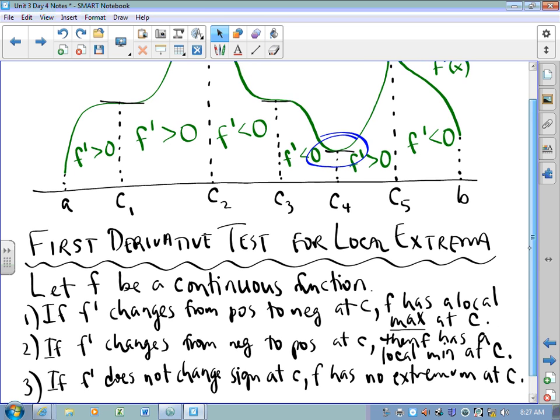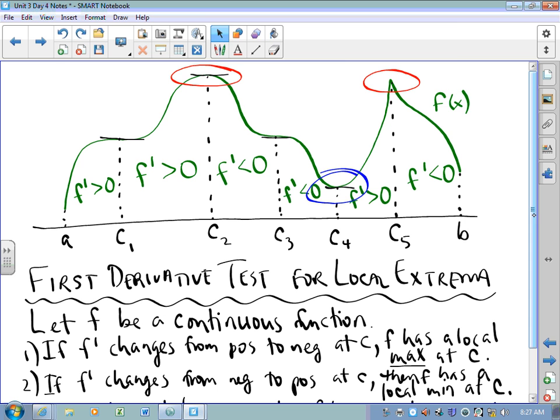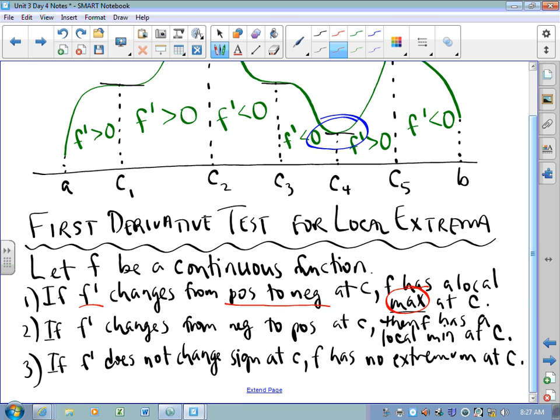The picture tells us at the 2 maximum points, f prime changes from positive to negative. At the minimum, f prime changes from negative to positive.